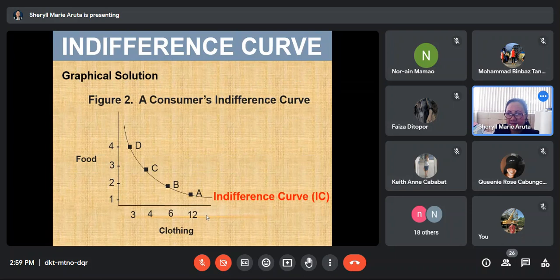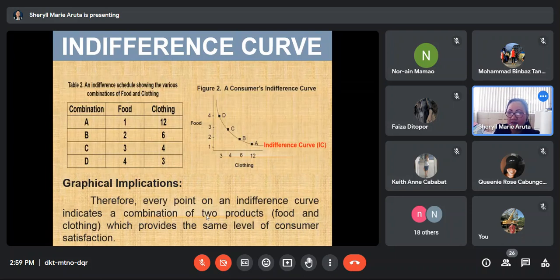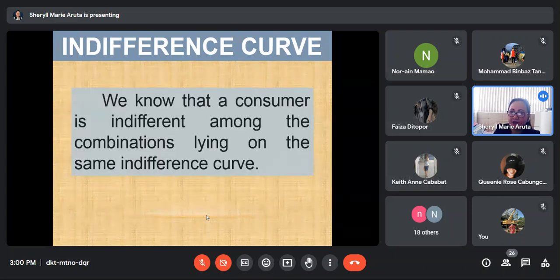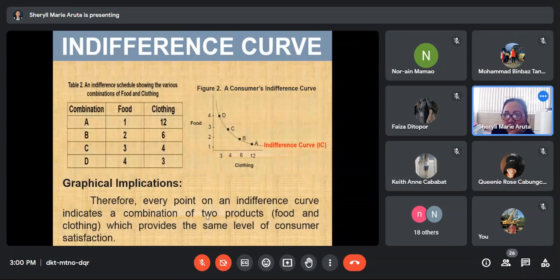Okay? However, when you look at the combination of the goods, it is not accurate as to 12 and 12 in total, no? Because the theory speaks here of the substitution effect.